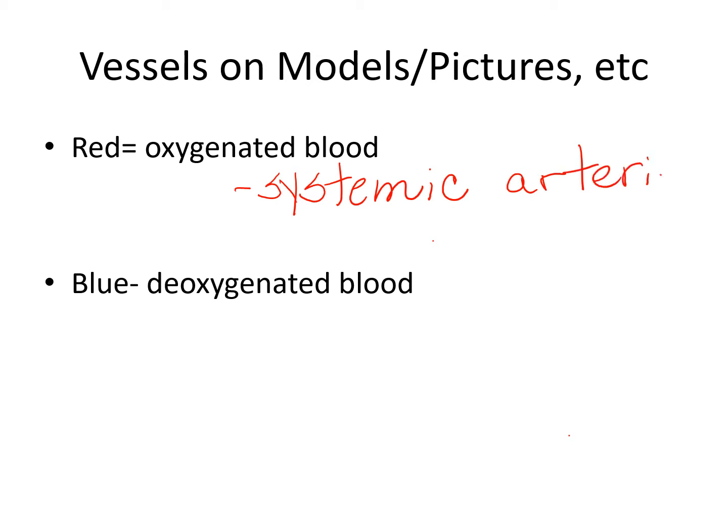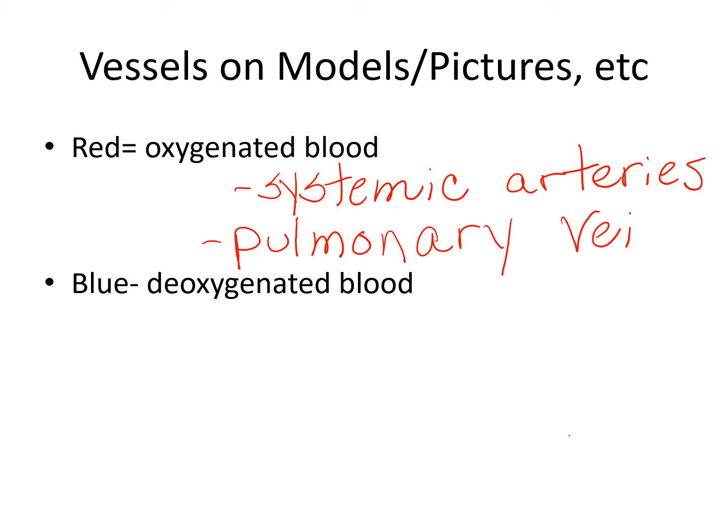The vast majority of red vessels on a picture, again, are going to be arteries. But then pulmonary veins are carrying oxygenated blood. Blue vessels on our models or pictures then are carrying deoxygenated blood.